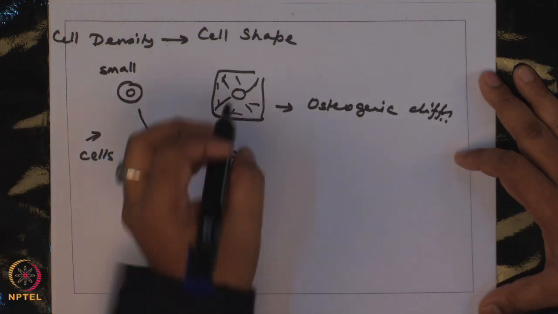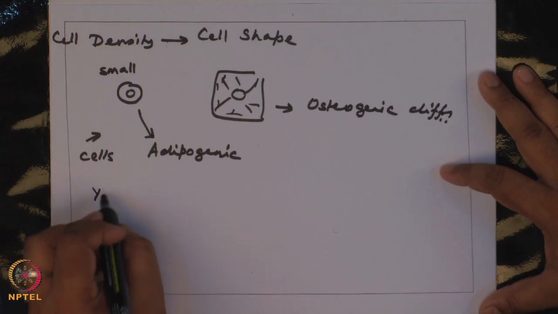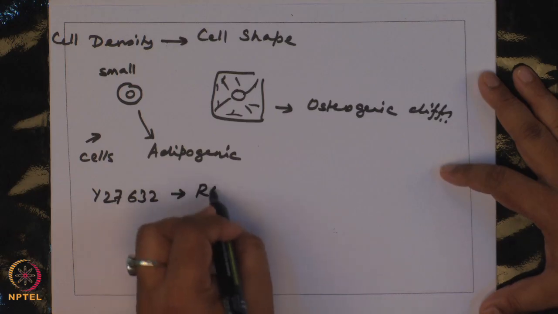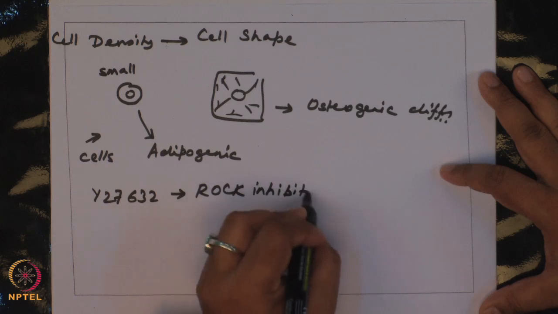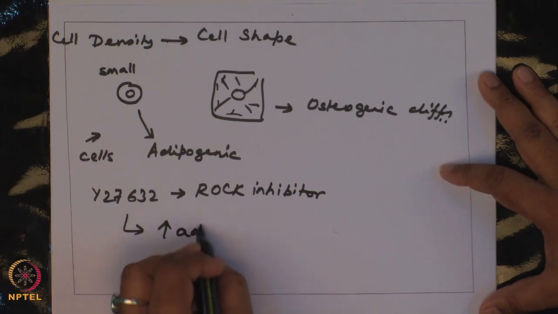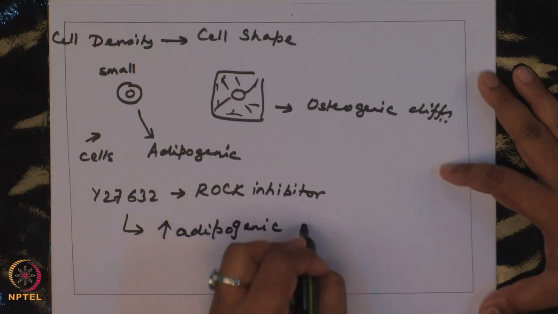If the cells on the bigger islands were treated with Y27632, which is a Rho kinase inhibitor, they found an increase in adipogenic differentiation.